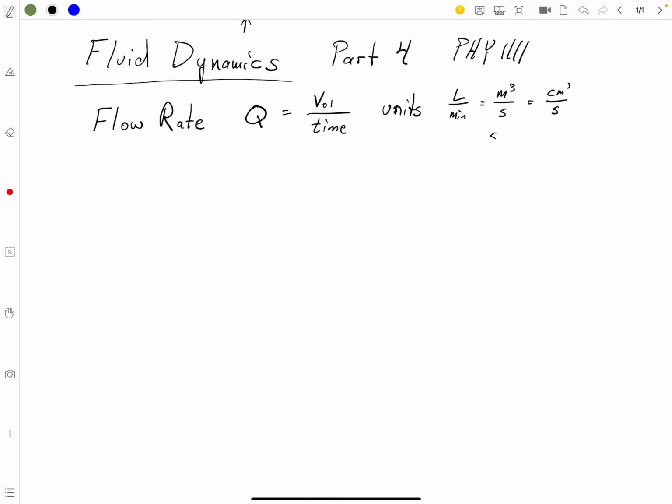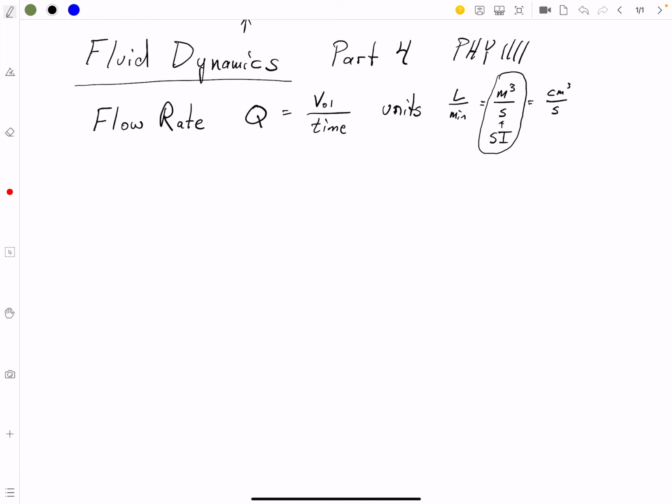But the only one that's SI is this one. Okay? So all of those work, and you can do your thing, but if you're going to have other stuff involved and you need to figure out things according to whatever, I would convert everything into SI, okay? And then it doesn't matter at that point. Then you'll have your flow rate in SI units.